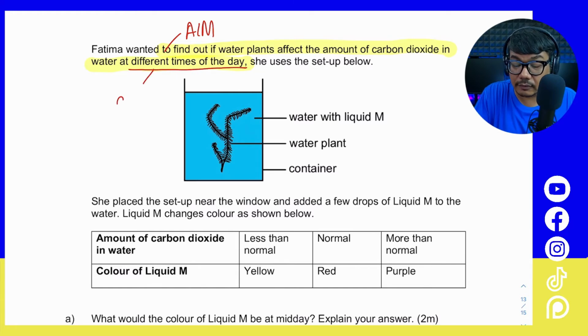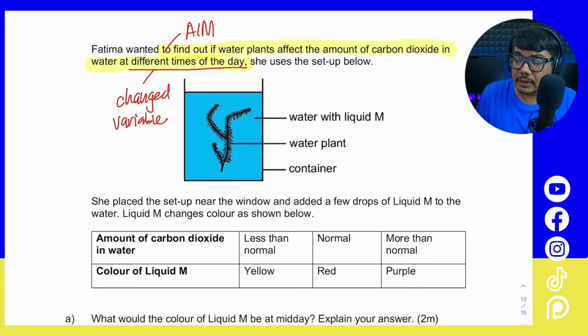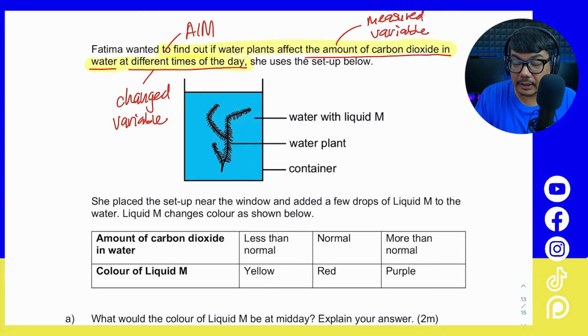And my recorded variable, or measured variable, is the amount of carbon dioxide in water. Good, so we know this is what she wants to find out: different times of the day, does it affect the amount of carbon dioxide in the water? Let's take a look at the diagram now.